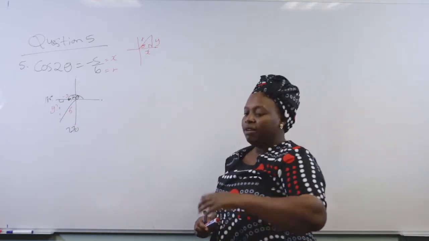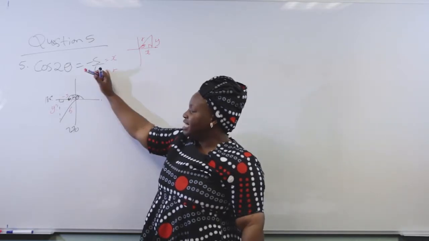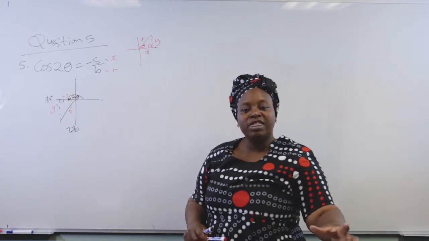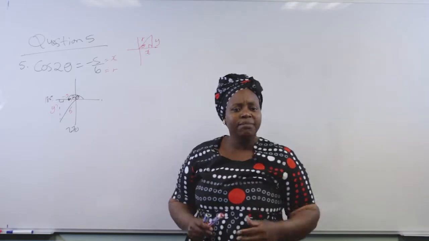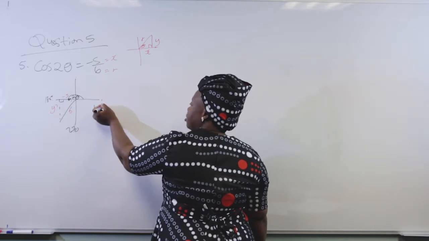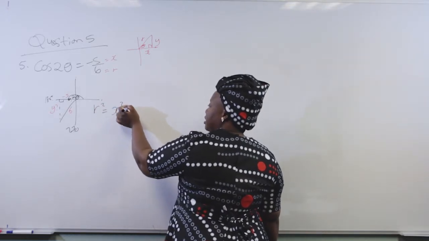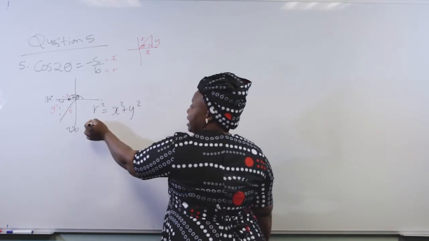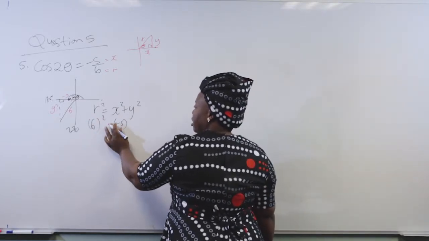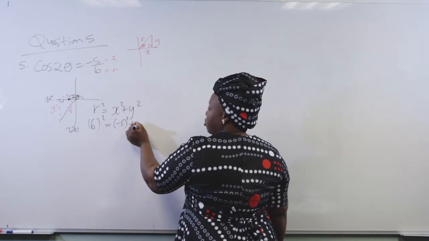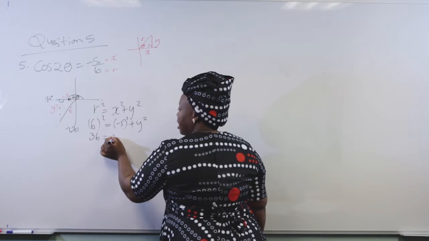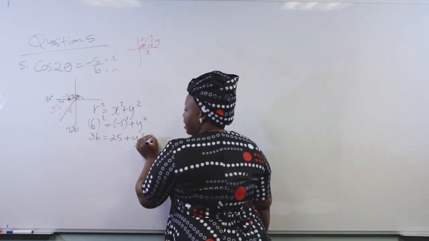And before you can even look at the question, by representing that, it is telling you that y is missing. Immediately, use Pythagoras theorem and then find the missing side. So let's do that. If we use Pythagoras theorem, we'll have, remember, r squared equals x squared plus y squared. So our r is 6 and our x is negative 5. This equals, and we are looking for y. This is going to be 36, that's 25 plus y squared.